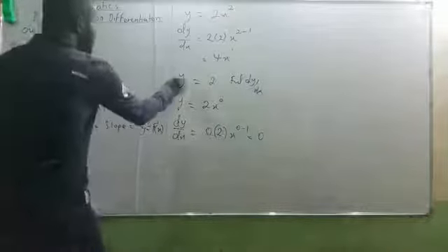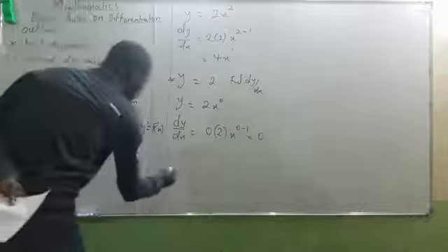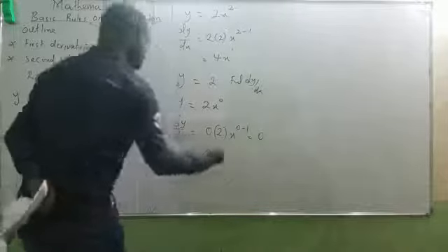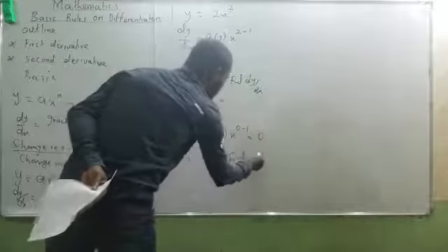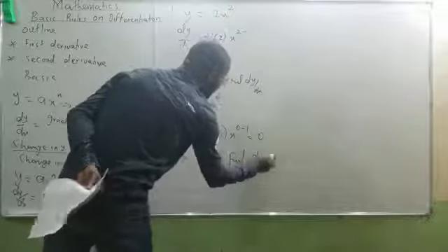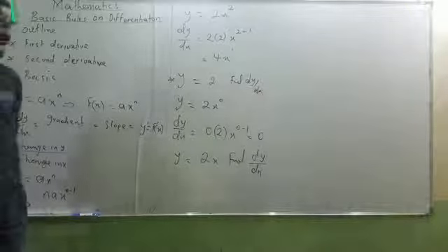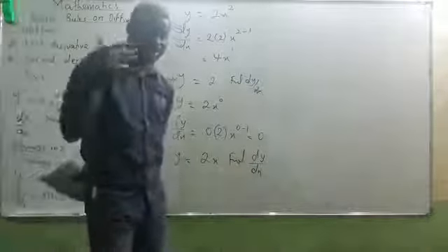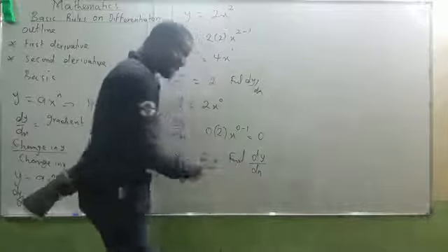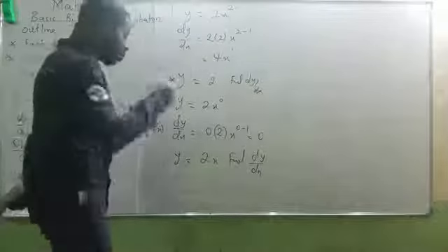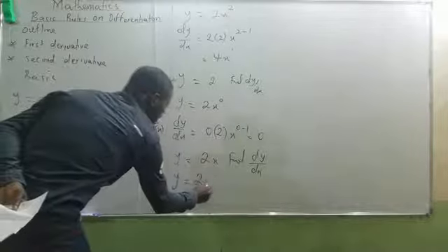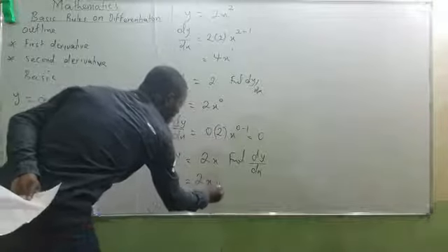Another thing you need to understand: you are having y equals 2x, find dy/dn. This is another very technical part that anybody can ask you. The y all over the n this time around is not the x. What you just need to do is write this as 2x raised to power 1, n raised to power 0.